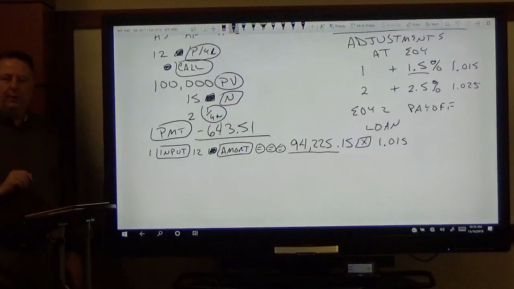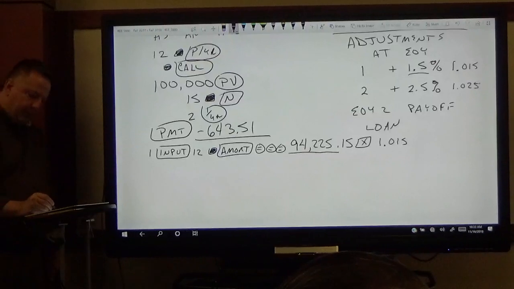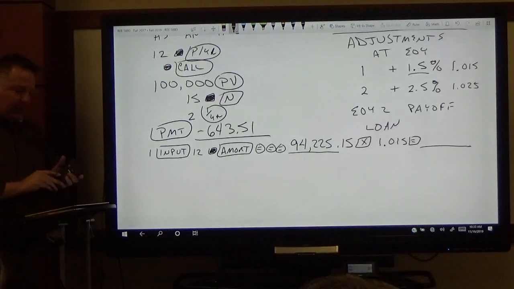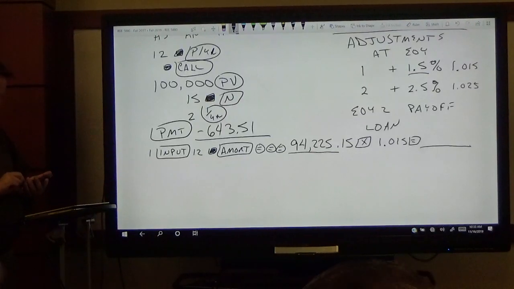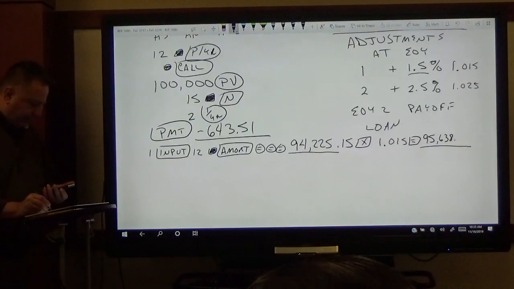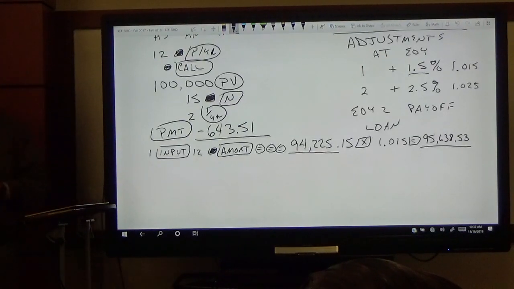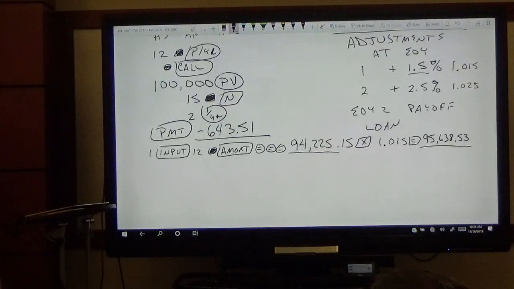Okay? You're multiplying it by itself plus the 2.5%. So that is going to give you a new balance of $95,638.53. Everything else is the same? Up to this point, yes.